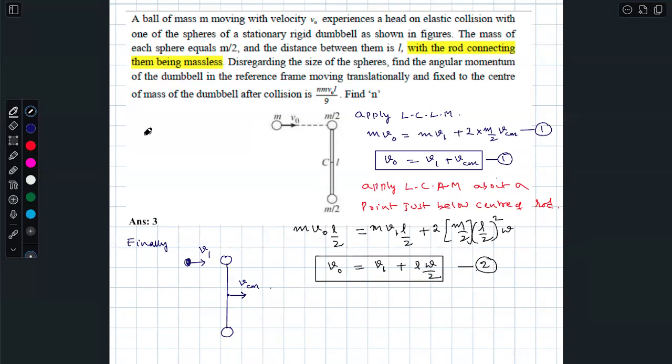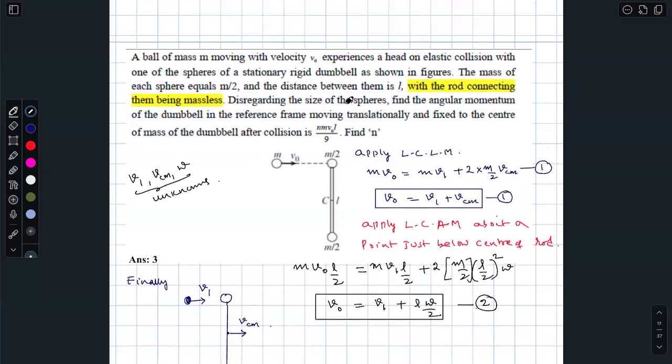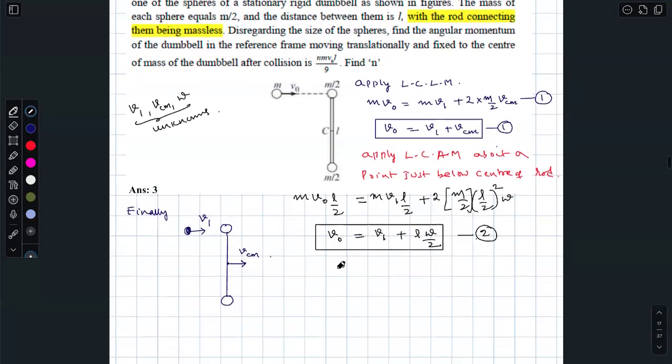How many unknowns are there right now? There are 3 unknowns: v1, vcm, and omega. You require one more equation. What is that equation? Elastic collision, so the coefficient of restitution is 1. What is going to be the velocity of this point thereafter?